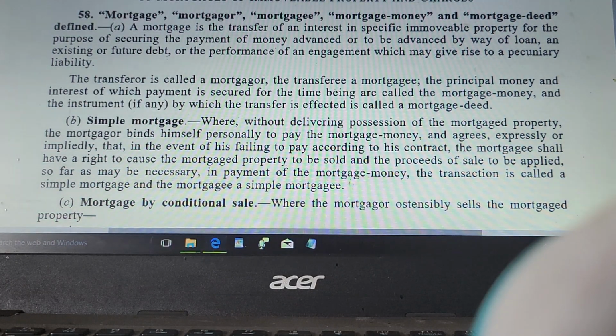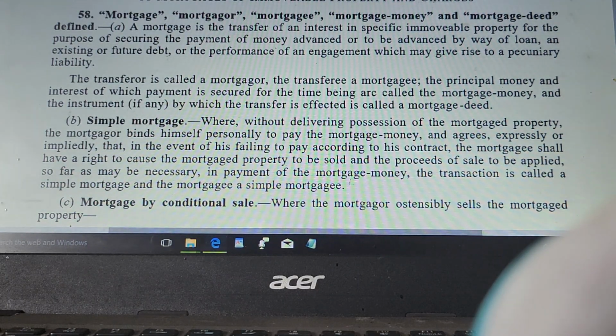(a) A mortgage is the transfer of an interest in specific immovable property for the purpose of securing the payment of money advanced or to be advanced by way of loan, an existing or future debt, or the performance of an engagement which may give rise to a pecuniary liability.